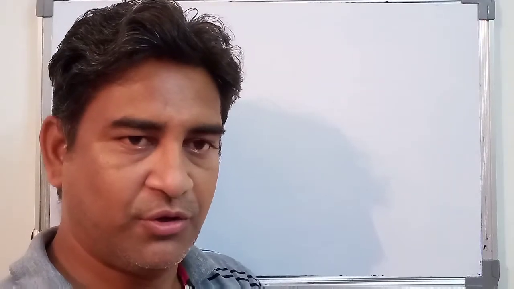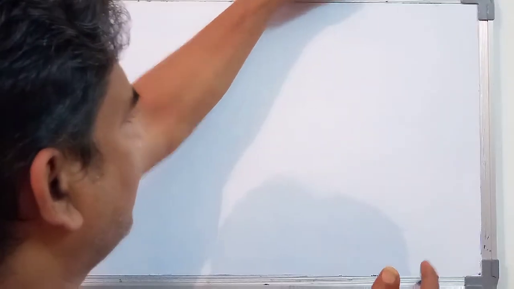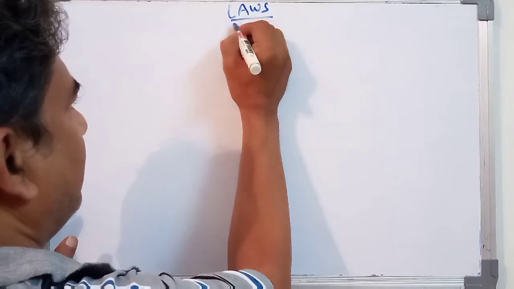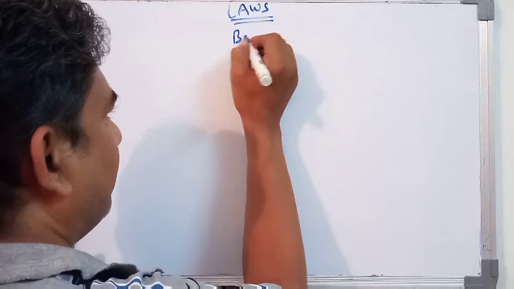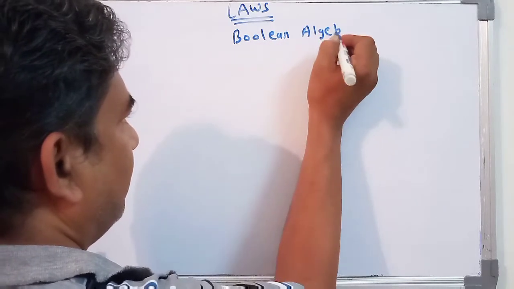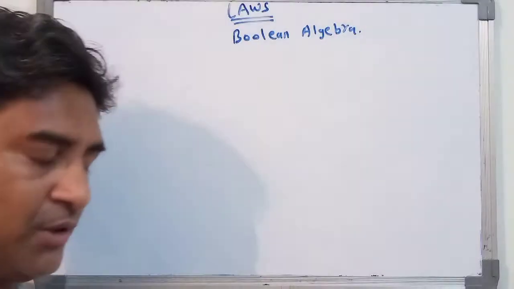Now, in the laws of Boolean algebra, you have identical laws, which are related to different types of laws.